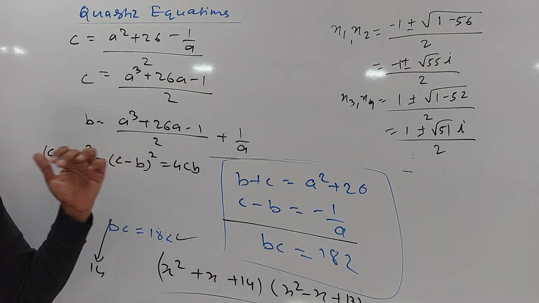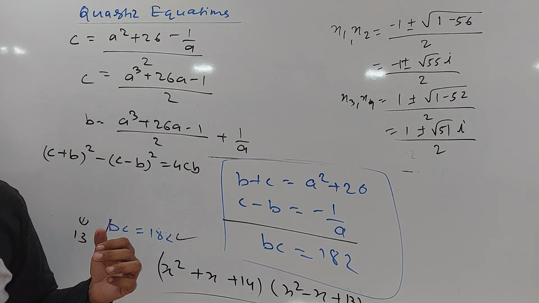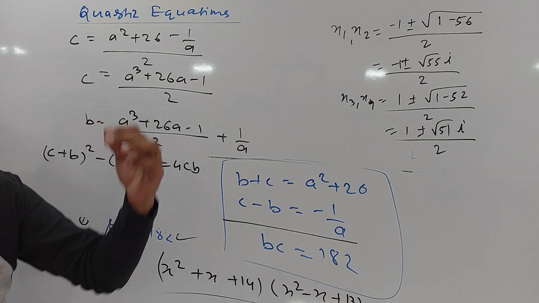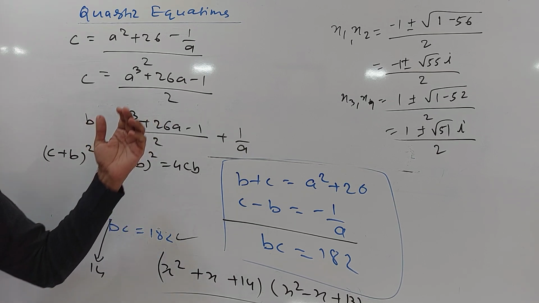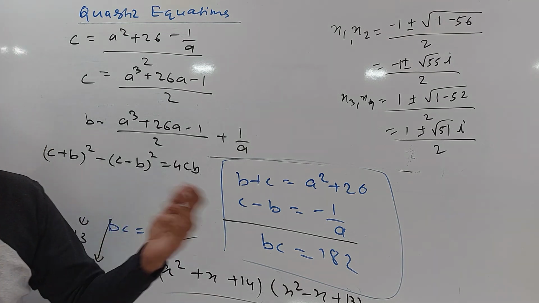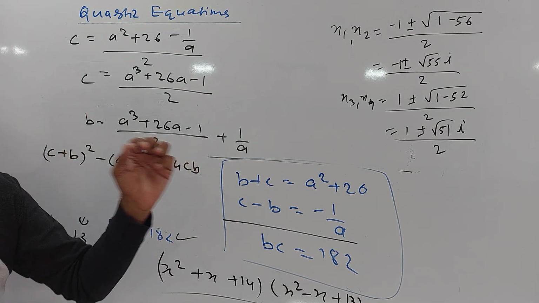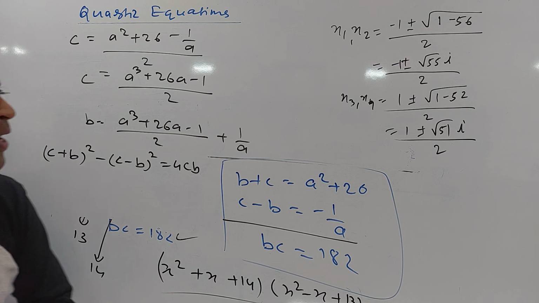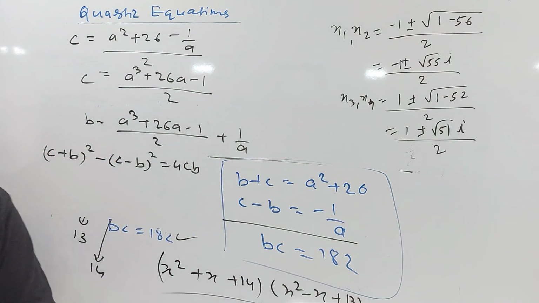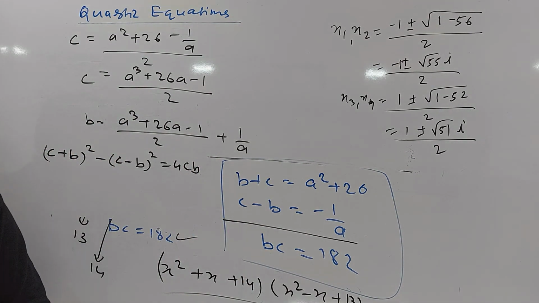Because our aim in this competitive exam is to save our time. So basically, if you have 2, 3, 4, 5 approaches, then you can always follow the one which is taking less time.